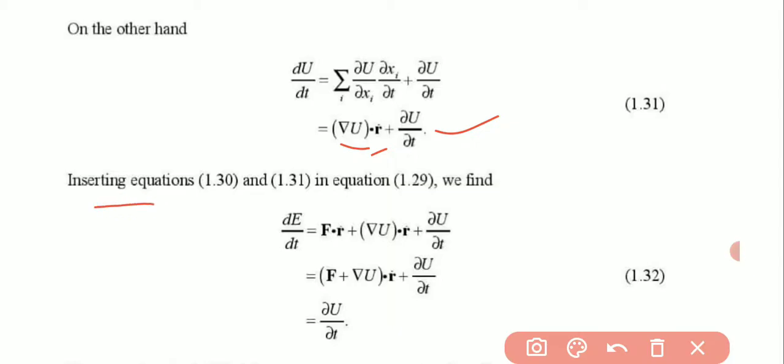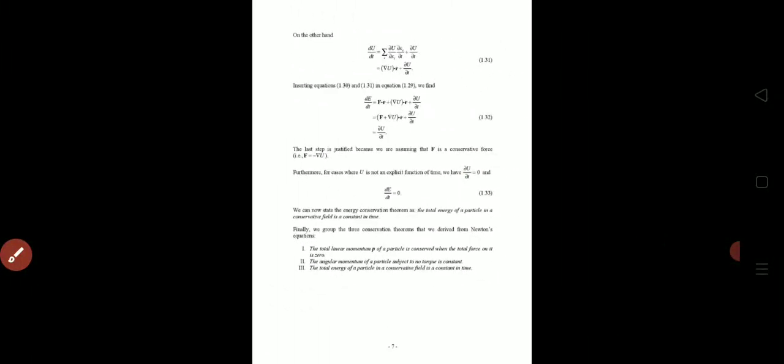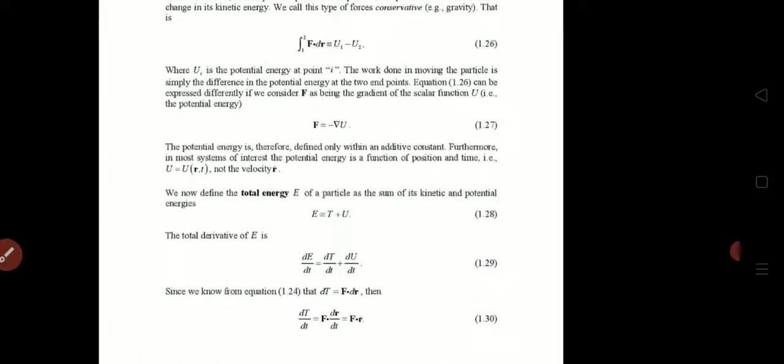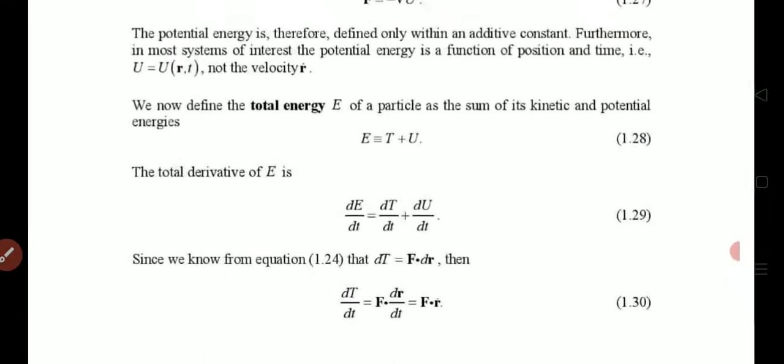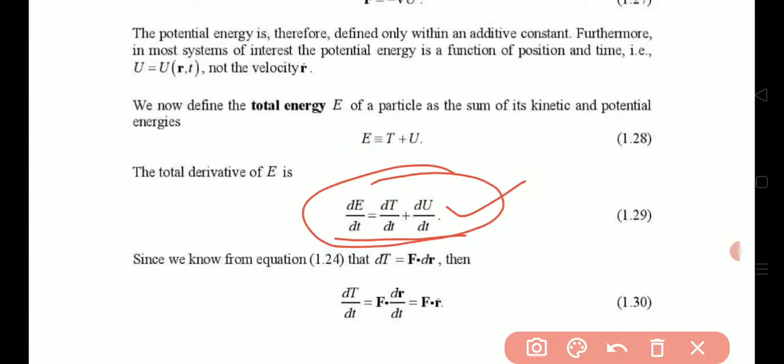Inserting equations 1.30 and 1.31 in equation 1.29, which is this equation, we use equation 1.30 and next 1.31.